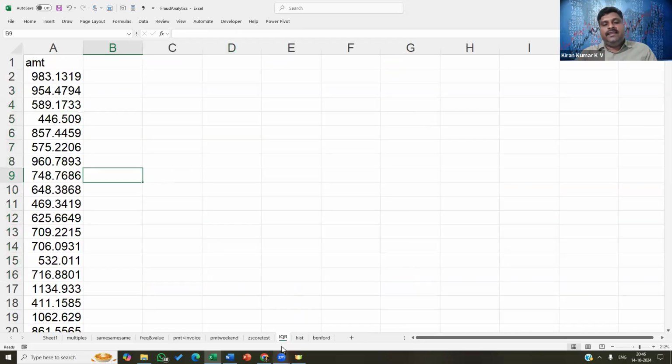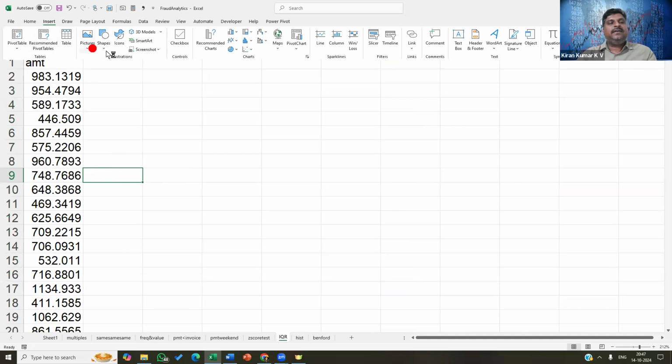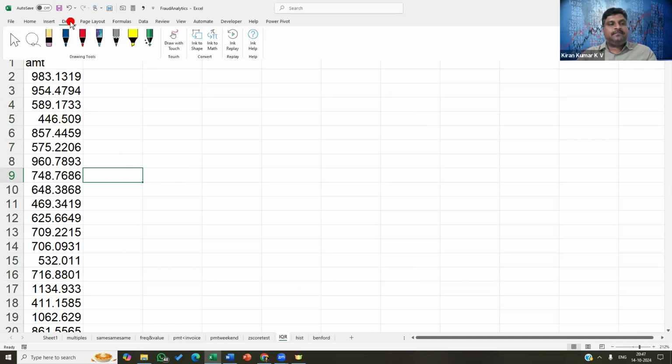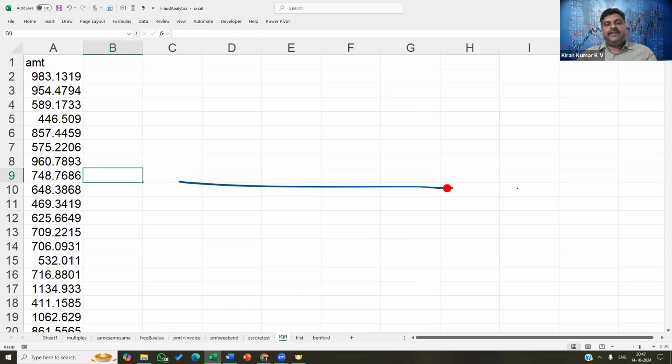So something called IQR, interquartile range. Basically, when you present this data in a kind of graph, imagine that I divide this data into 4 parts: part 1, part 2, part 3, part 4. This we call quartile 1.